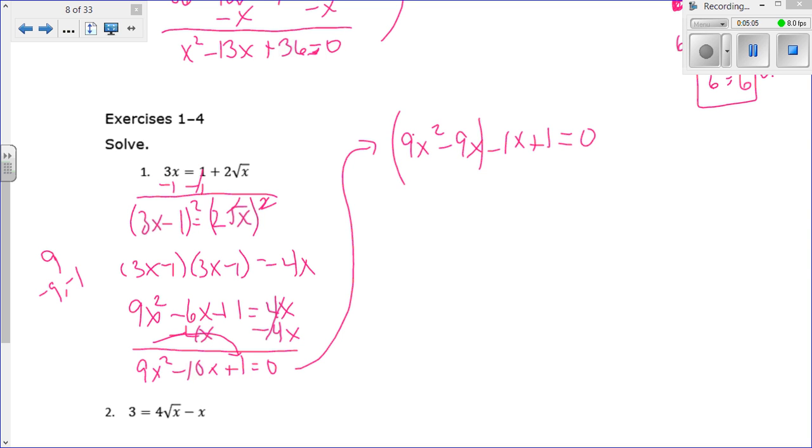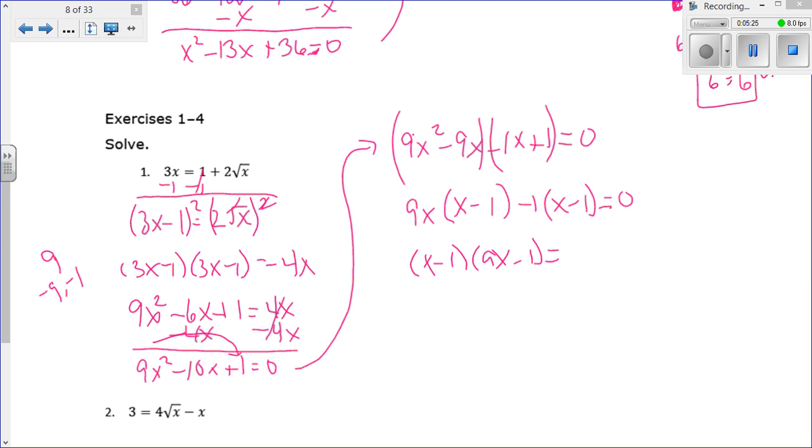So I'm going to group, and I'm going to group again, take out a 9x, and I will get x minus 1, and pull out a negative 1, and x minus 1 equals 0. So I have x minus 1 and 9x minus 1 equals 0.